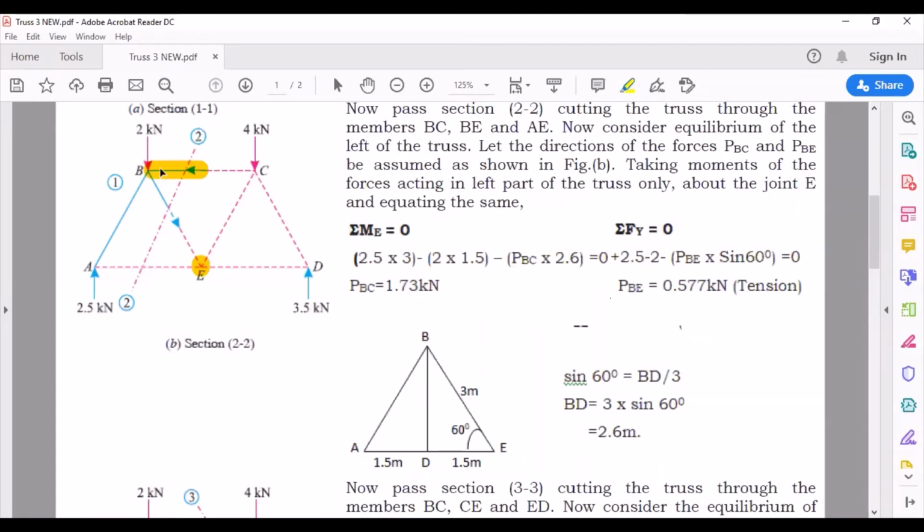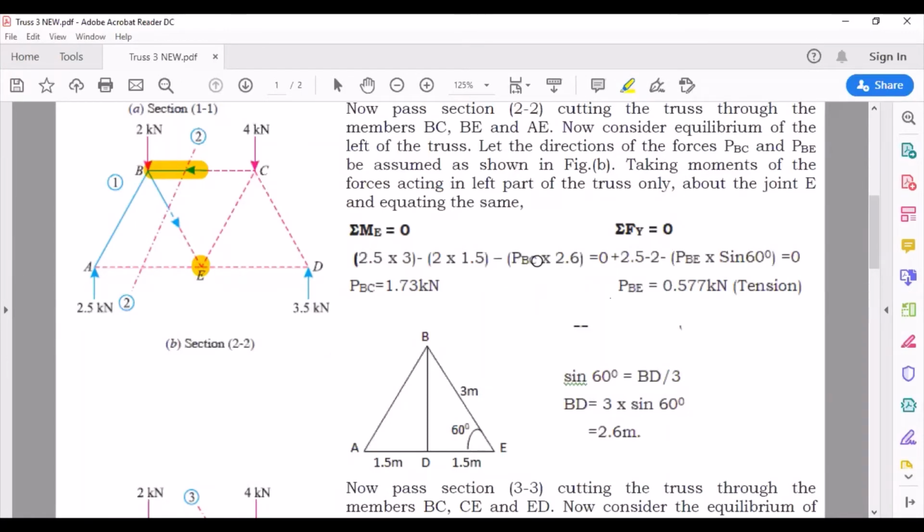So the perpendicular distance between the line of action of BC and this moment center E is 2.6 meters. So it is PBC into 2.6. And what about the moment? It is causing an anti-clockwise moment, thereby it is taken with the negative sign.